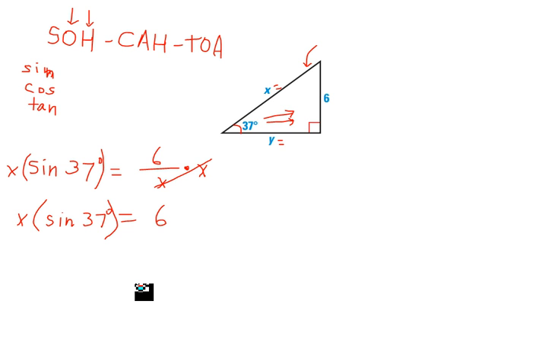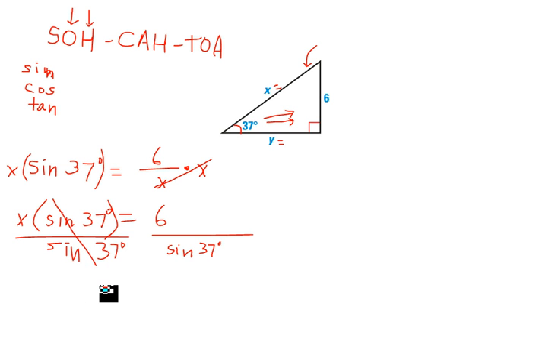And now we want x by itself, so we're going to divide both sides by sine 37. The sine 37s will cancel on the left side, and now we've got x by itself.